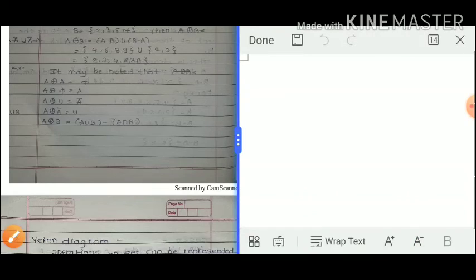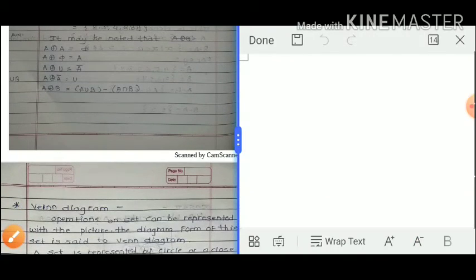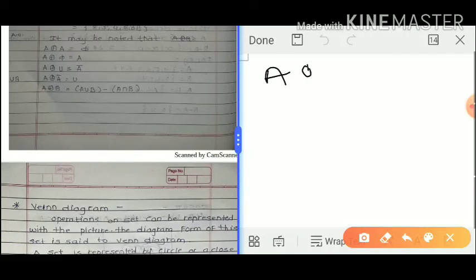Okay, next point, A symmetric difference U is always A complement.